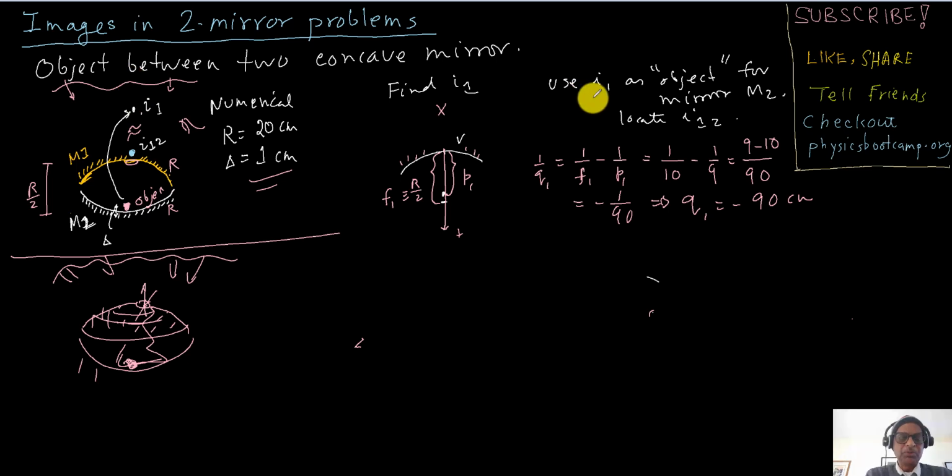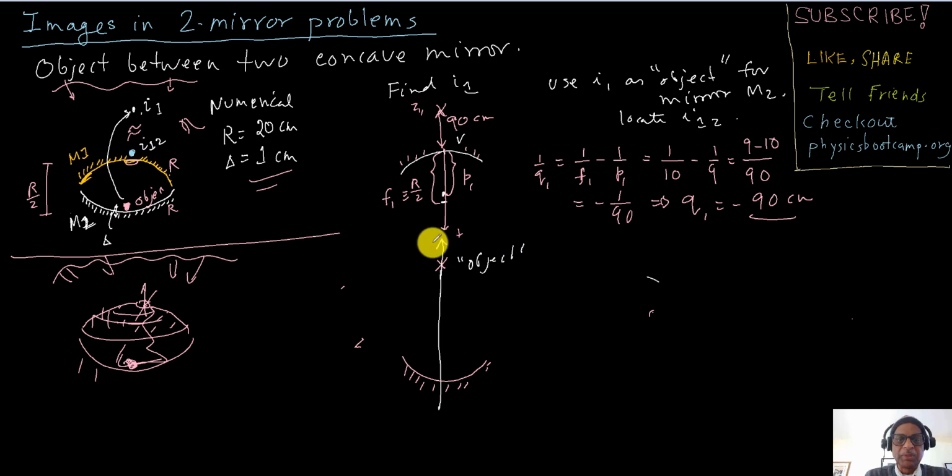Okay, so now we use that as the object. From here to the image is 90 centimeters. That's where I1 is. So we now have this mirror to work with, and this distance is now the object. This will be my positive side, and this distance is P2 now.